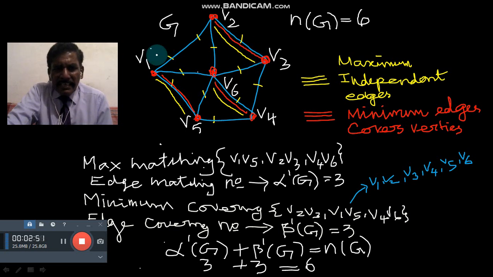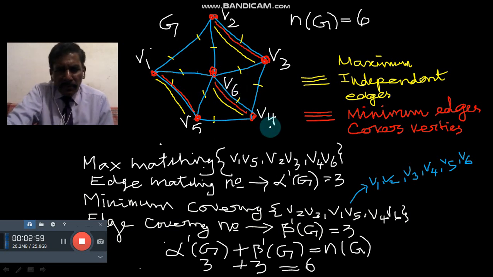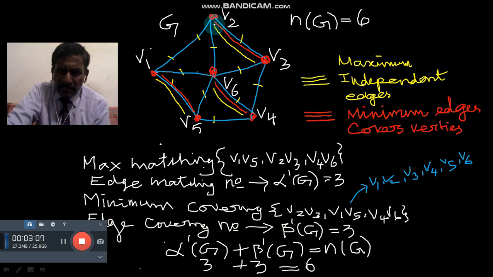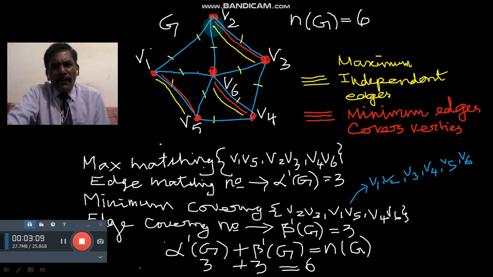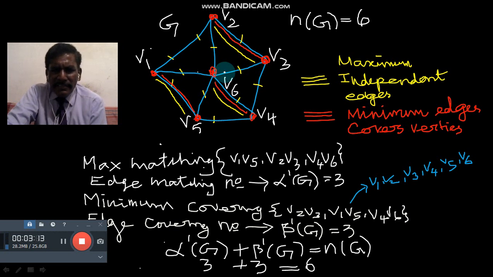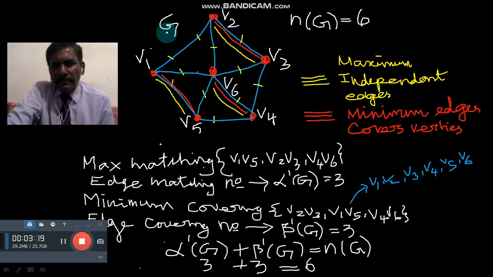Similarly, you can take v1 v2 and v6 v4. They are not adjacent edges. Similarly, v5 v4 and v2 v6 are independent of one another. Like that you can have a lot of independent edge sets, which are subsets of the edge set of G.